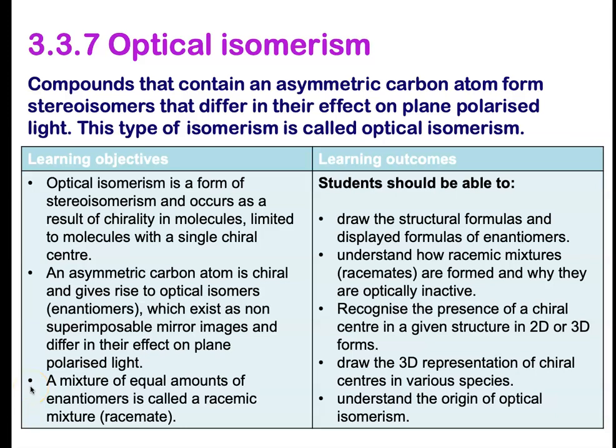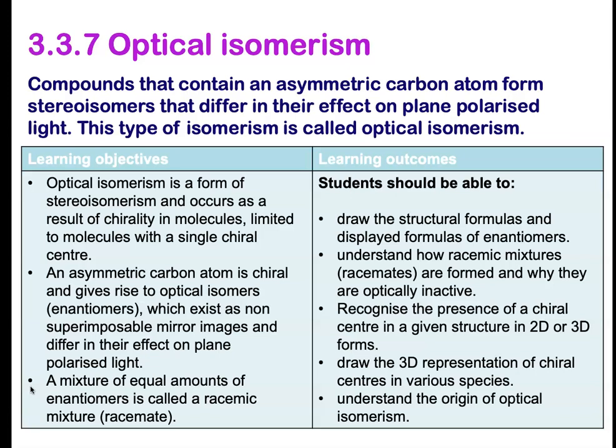We are now starting the AQA A-level year 13 topic in organic chemistry on optical isomerism. We have already studied isomerism in year 12, so now we're just going to move this forward into year 13.